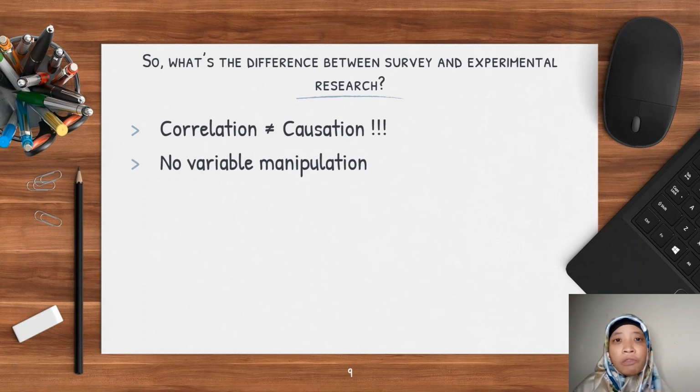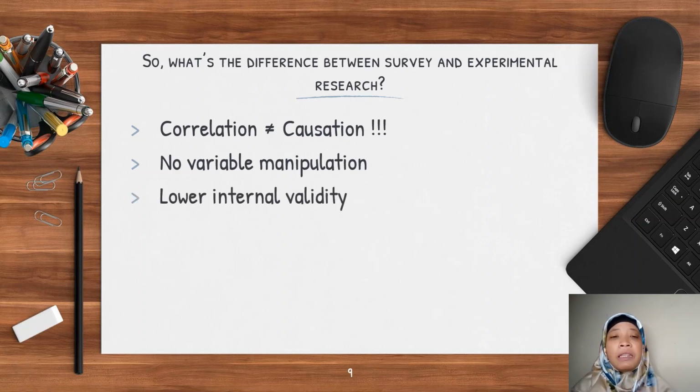Just want to describe. That's kind of like exploratory research, and that's also a type of survey that we can do. But there's no variable manipulation, and that's why we cannot infer any causal relationship between the two or three variables or however many variables we want to explain.